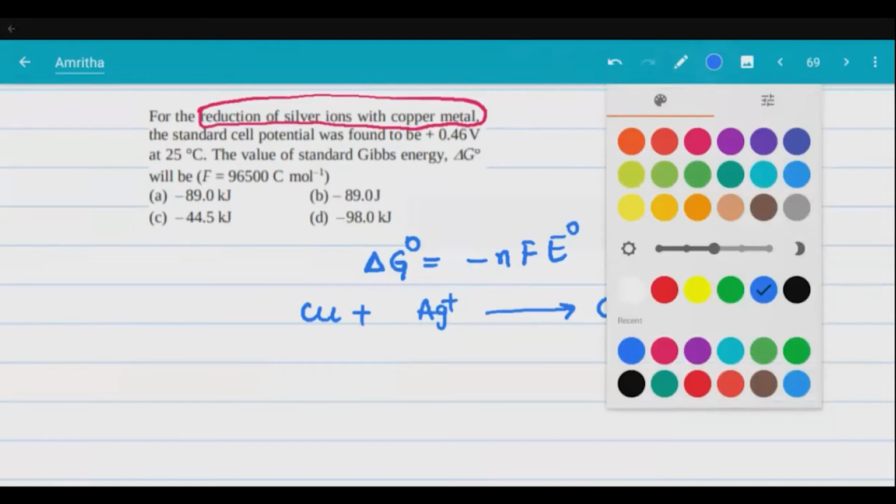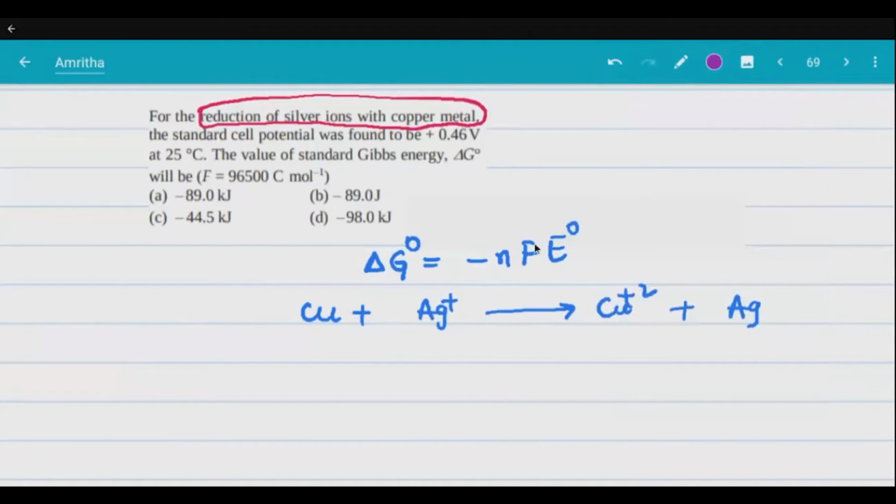Next, how should we balance the charge? You multiply Ag+ with 2, so charge is balanced. Sir, how is charge balanced? See, 2 into +1 here, and +2 on the other side. Charge is balanced, right? Now, how many electrons are there? It is equal to the charge, so n must be equal to 2. The rest is very simple.